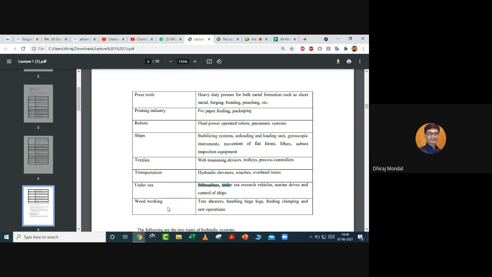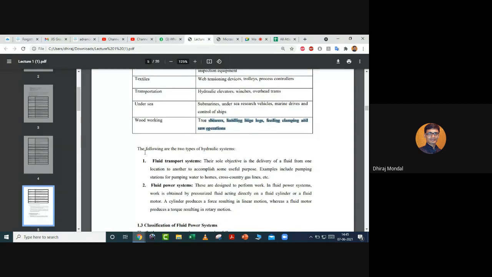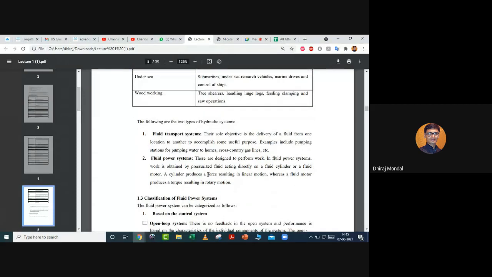Then woodworking, here tree shearers, handling huge logs, feeding, clamping, and saw operators. So these are the applications, a very huge range of applications you can see.